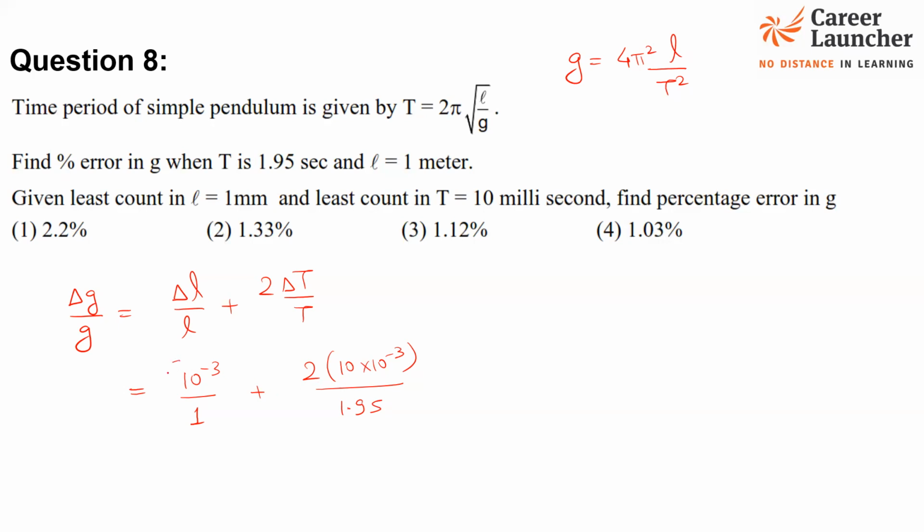When we solve this into 100%, because we want it in percentage, it will come out to be 1.12%. Little calculation you can say, but a very straightforward problem. So it will be treated as easy only. Answer is option 3.